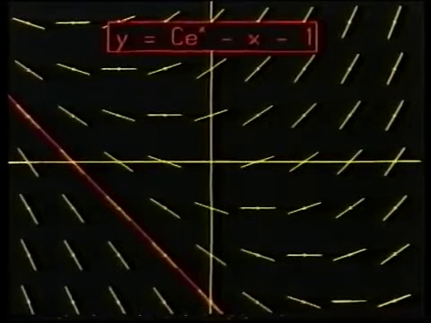That's the direction field. What curves fit this field? There's one you can see straight away. It's a straight line, minus x minus 1. The curve for c equals 0.